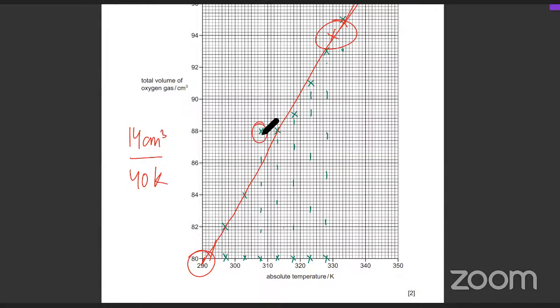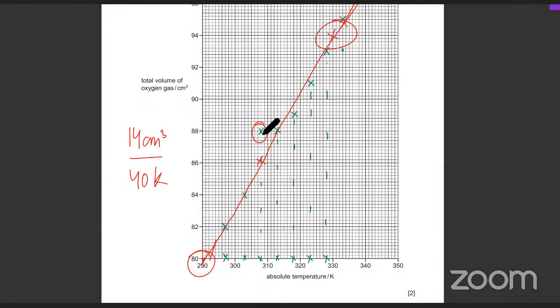Incorrect measurement of the volume of oxygen. Okay, that's one: incorrect measurement of the volume of oxygen gas. It could be that he's measuring it much higher up. Or it could be taken at the wrong time. You're taking a reading at the wrong interval, at the wrong temperature.